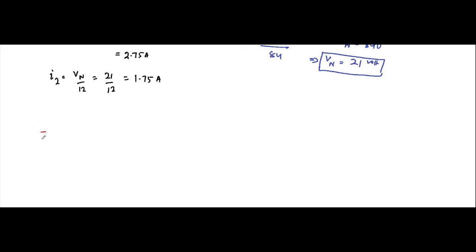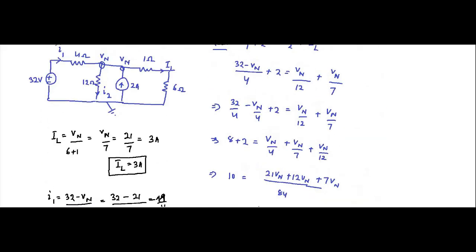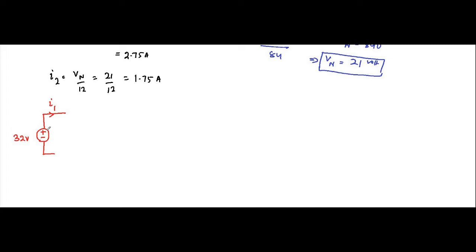So it is like this. Current flowing from it is I1 as per the sign we have chosen, the direction and the notation. So here the current is flowing away from the positive terminal and towards the negative terminal.